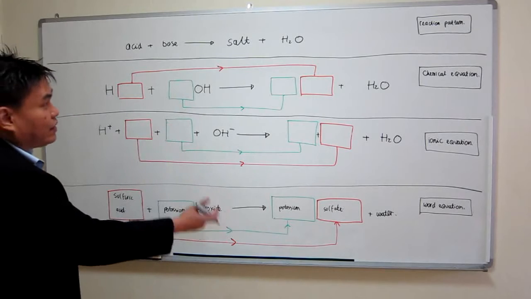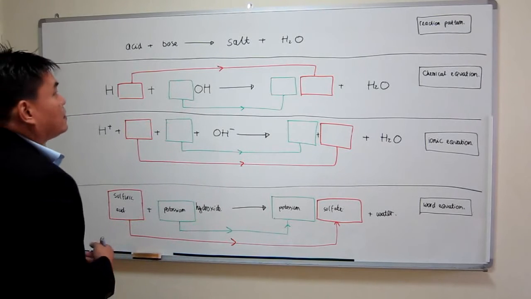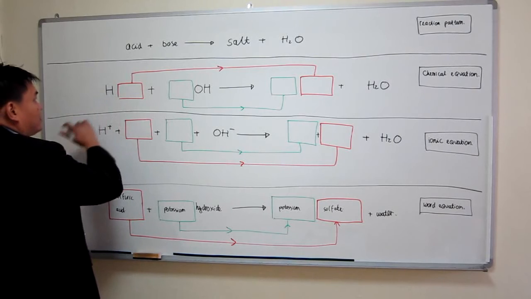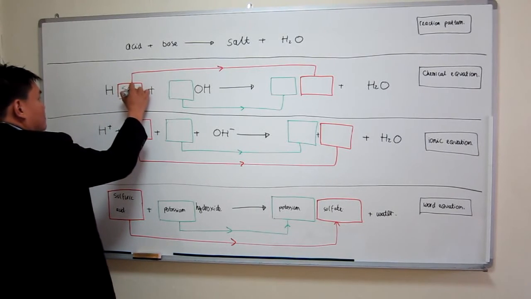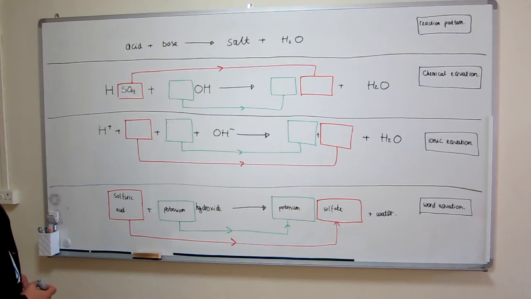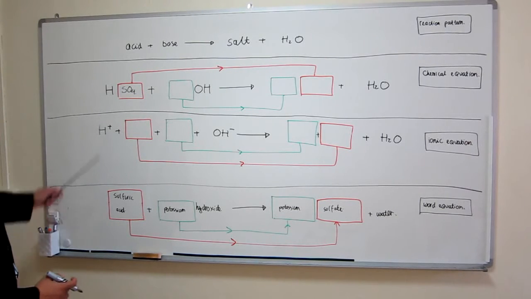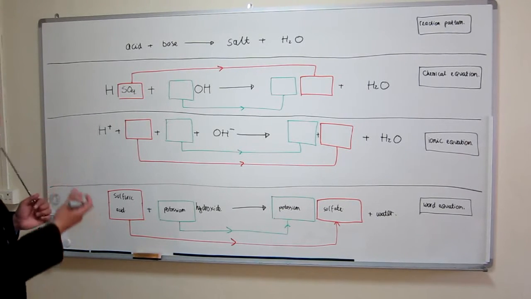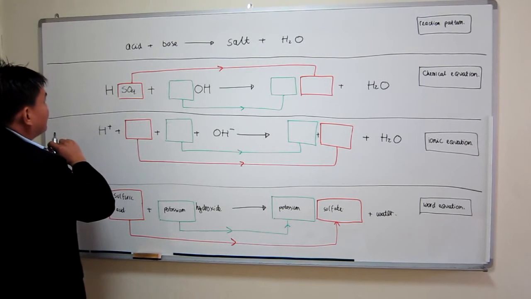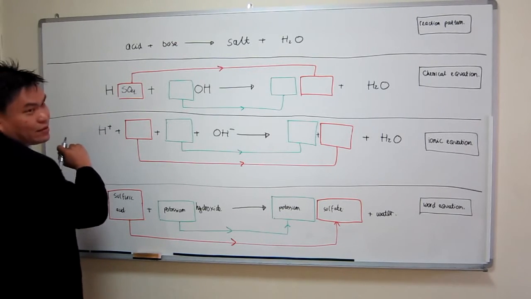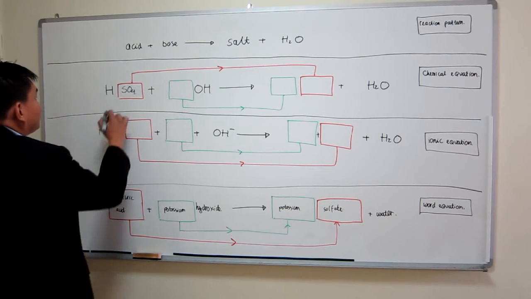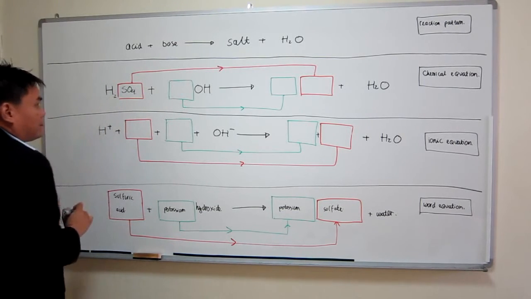If you are asked the chemical equation for this reaction, it is also very easy. Sulfuric acid is H2SO4. If you write it down like this, you're making a mistake. A lot of students make this mistake, maybe because you haven't memorized the charge. SO4 is 2 minus. So don't forget H2SO4.